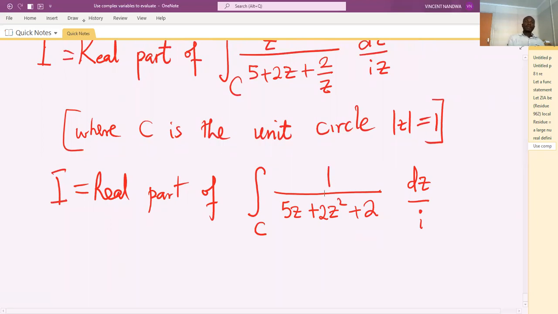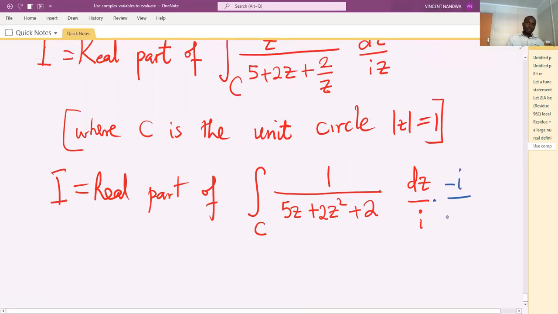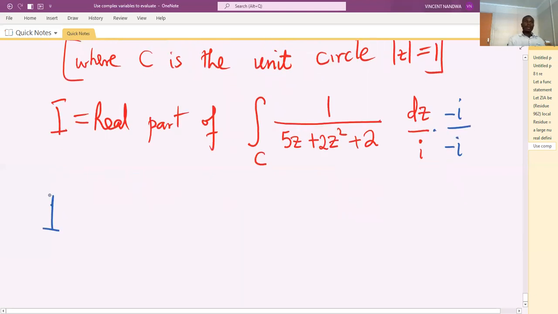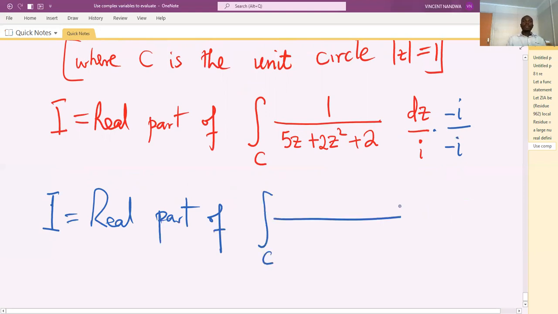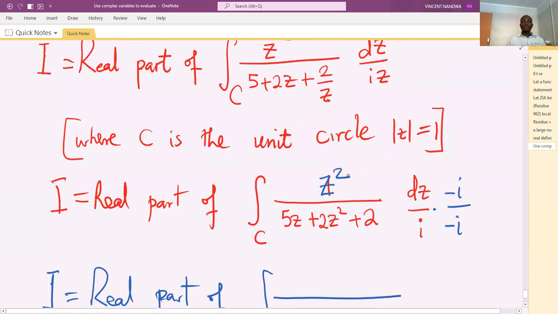And you see, I can remove i by multiplying by -1 in the numerator, negative i. So by doing that, I will be the real part of the integral along C. Remember at this point, this was not 1 but z squared from this point here.